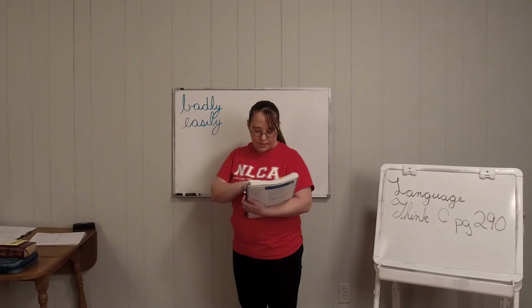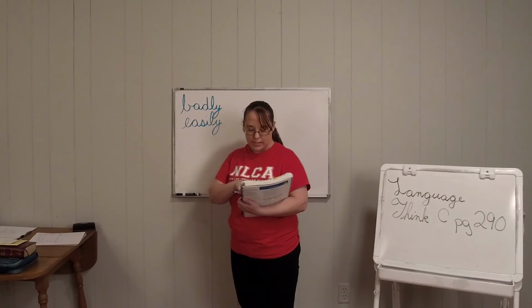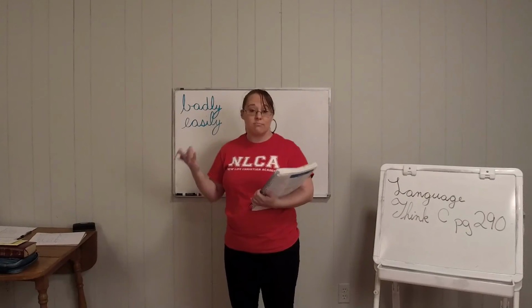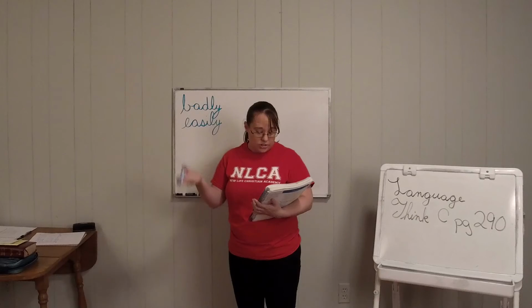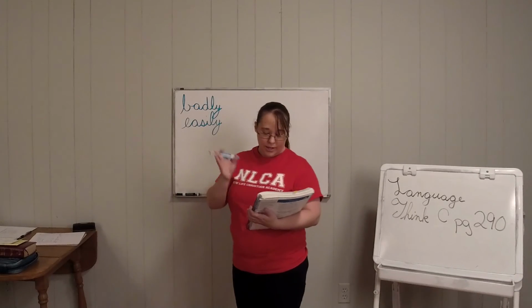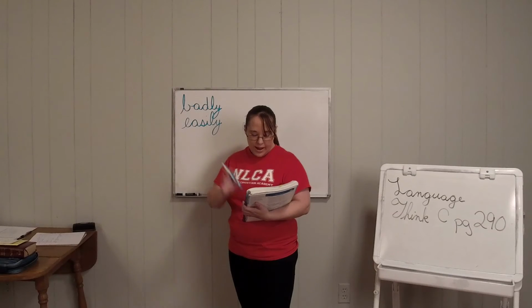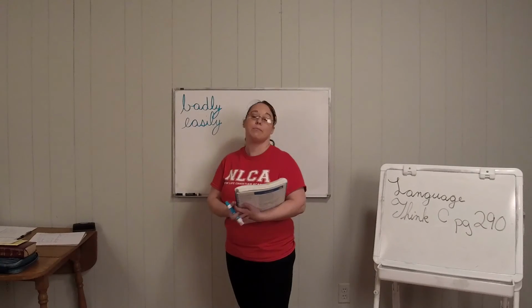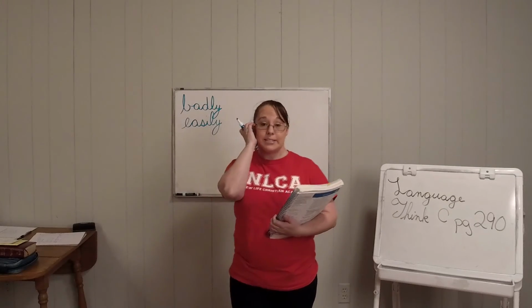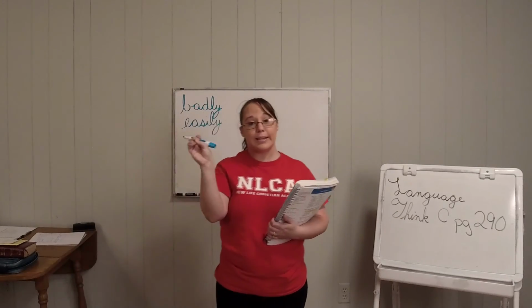Number 3, Derek and Hunter don't sing in the choir. That's correct. There's no mistakes there. Okay, number 4. Aaron and me sit in the same row. This makes me think of something my 2nd grade teacher told me about the me and the I going together.